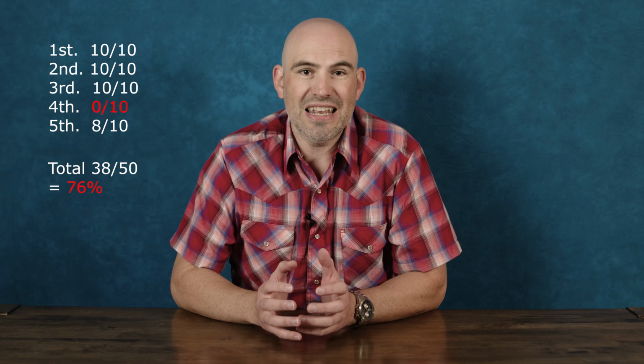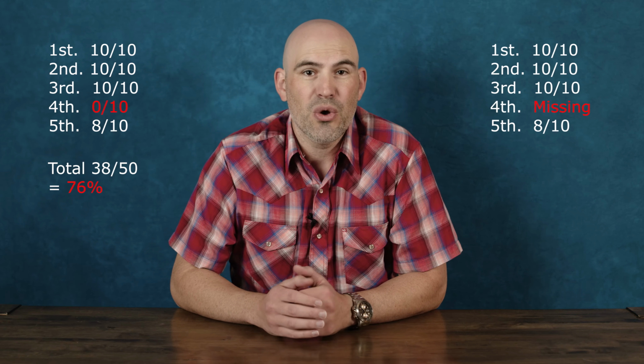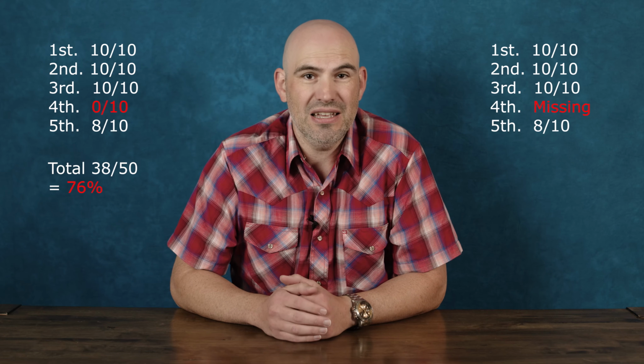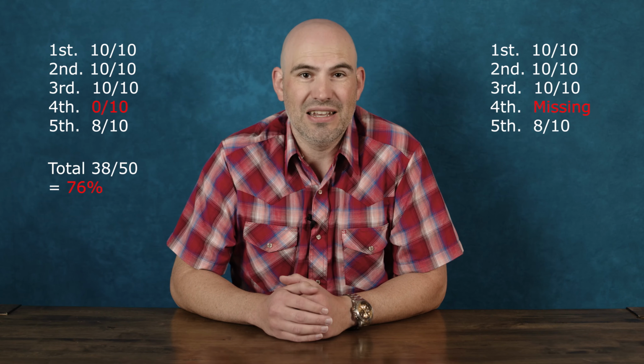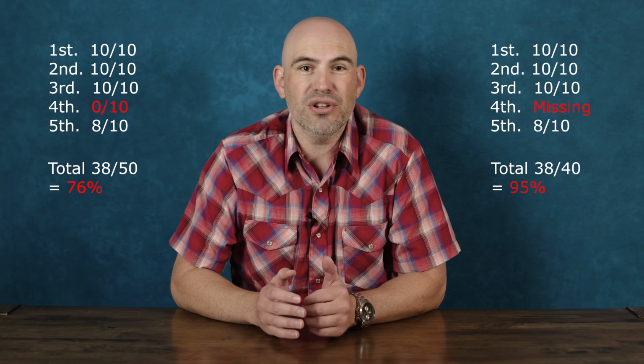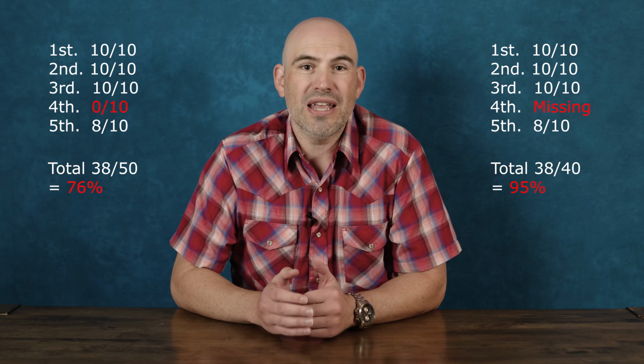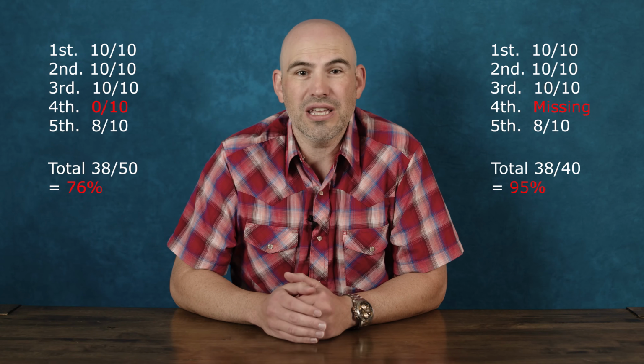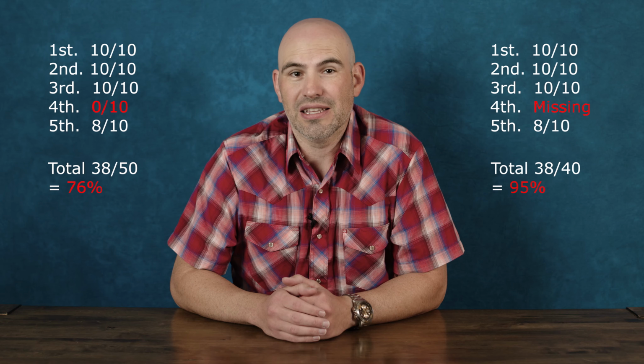But really, if we look at just the data that we've been given, at what this student has turned in, we have 3 10s out of 10, and we have 1 8 out of 10, which really is 38 out of 40. So if we don't include that missing data, we have a student with 38 out of 40, which is a 95% in the class.